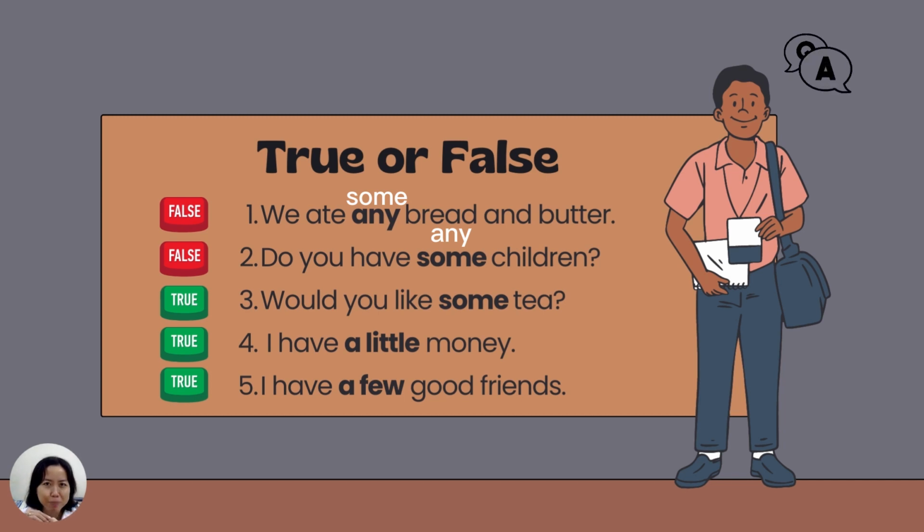You say you can replace them? Okay, you change your answers now. So we cannot replace a little money with a few money, and a few good friends with a little good friends, because we use a little for what nouns? A little for uncountable, and a few for, yes, for countable nouns.